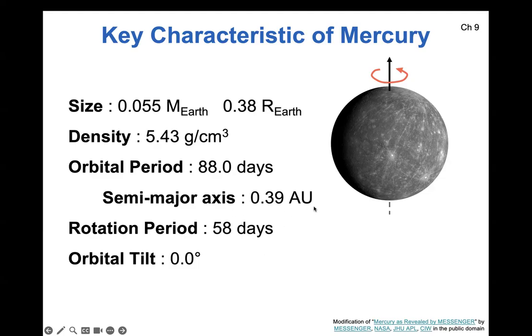So 0.39 AU, remember that AU are astronomical units. An astronomical unit is 1.49 times 10 to the 8 meters. So that works out to be, well, actually kilometers, 1.49 times 10 to the 8 kilometers, because it's 149 million kilometers.